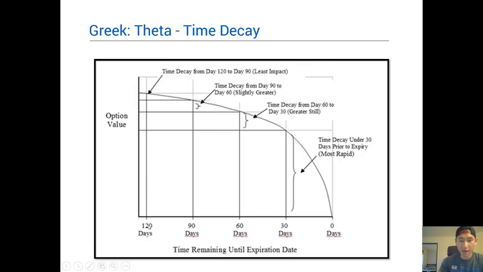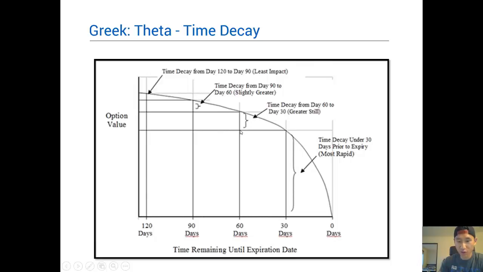So if you have an option that is 120 days till expiration and goes to 90 days, you see that theta, or time decay, is really small for that time period. Or not really small, just small. But if you go from 90 to 60 days, you can see that theta, or time decay, has increased. The rate of decline has increased.